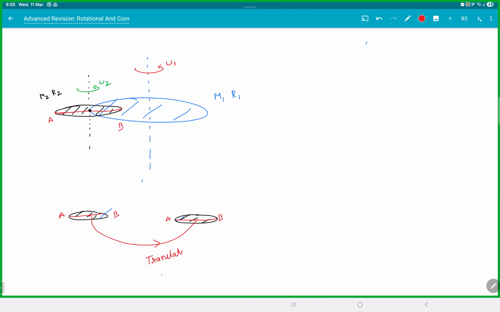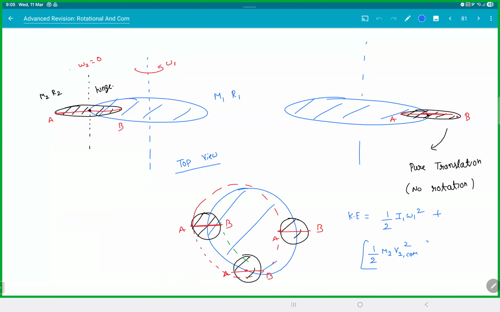So this would be half m2, the center of mass ka speed will be r1 omega 1 ka square. Make sense? But now this is rotating with what exactly? This is rotating with omega 2, right? Look at this thing. If it was only hinged without rotation, what would have happened?